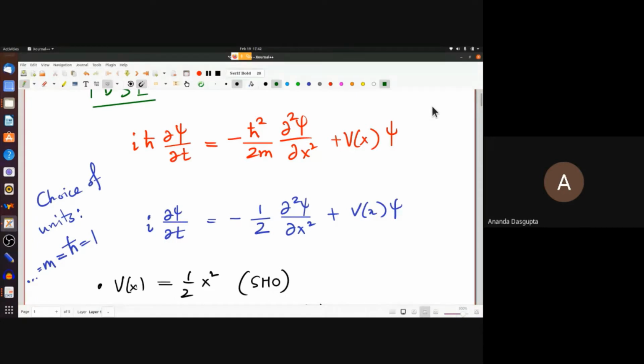So although you can actually put in SI values of h cross and m and do the calculation, it's never advisable. In every numerical calculation, the best thing to do would be to choose your system of units in such a way that the numerical quantities that appear in the equation are of the order of 1. All of them are roughly of the same order. If that happens, then your equation can be handled stably. That's a standard rule in all of numerical computation.